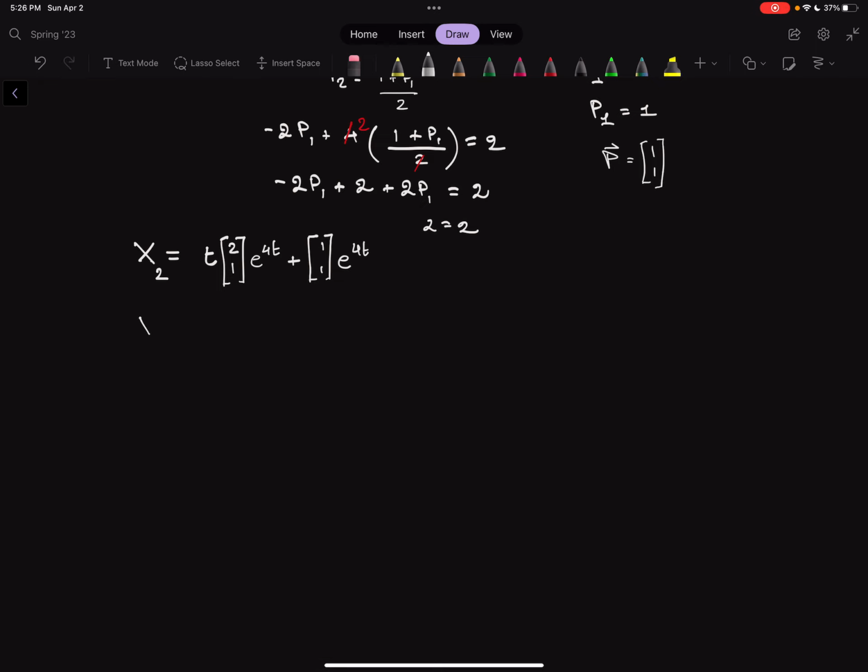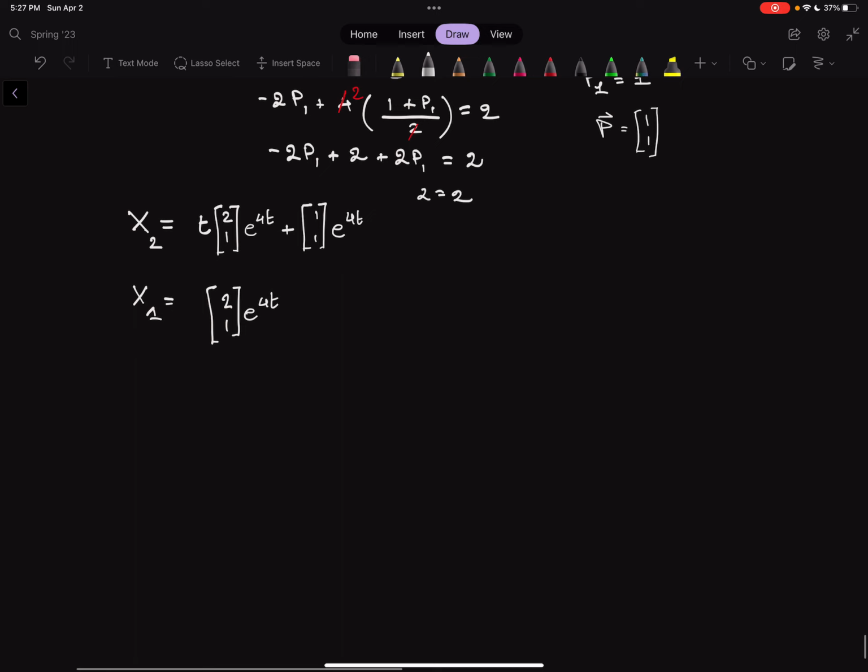The other solution is this one right here, the first eigenvector that we found.